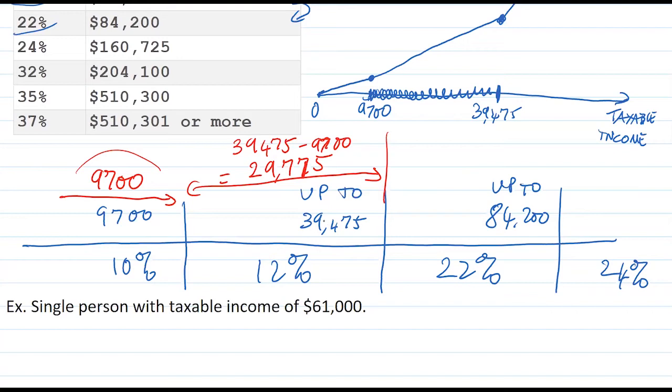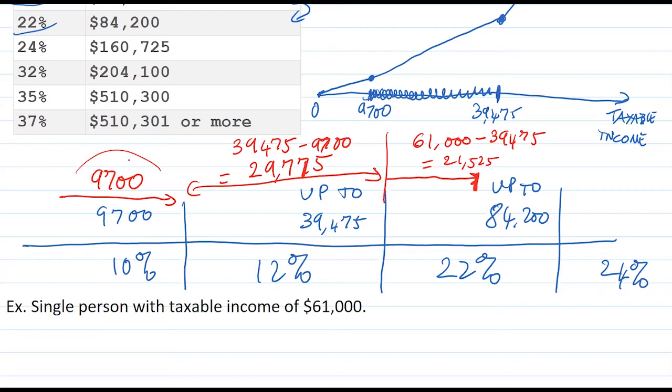That's up to 39,475, and then from 39,475 to 61,000, that's the difference of 21,525. They're subject to the 22%. So they didn't go all the way up to 84,000. They stopped here at 61,000.